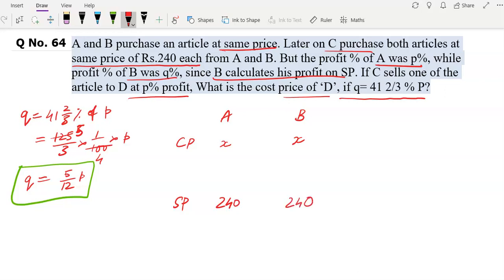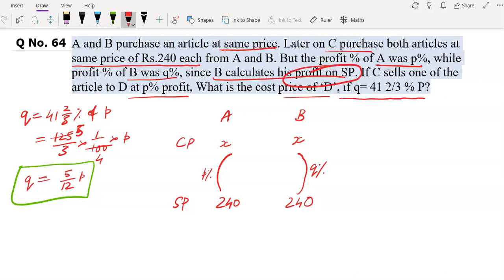Now, the profit of A was P%, and the profit of B was Q%. Now the profit has changed because B is calculating his profit on selling price.